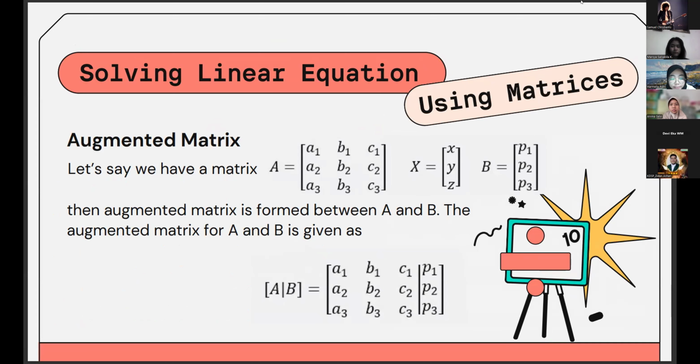Then the augmented matrix is formed between A and B. The augmented matrix for A and B is given as [A1, B1, C1, P1; A2, B2, C2, P2; A3, B3, C3, P3].